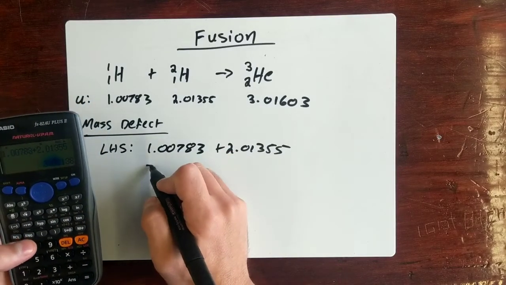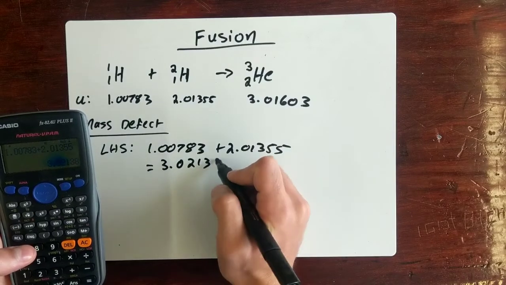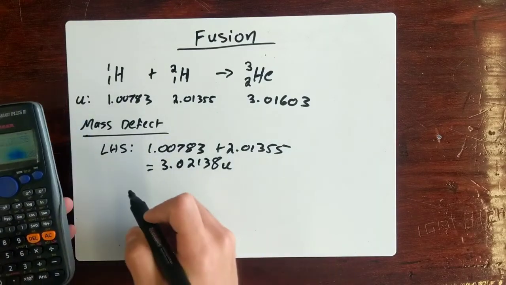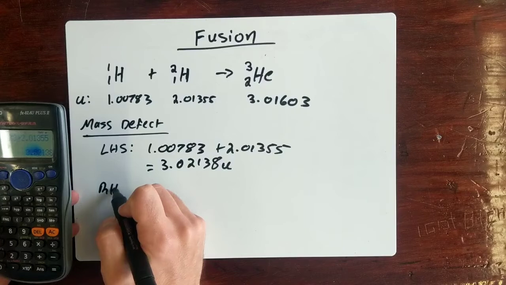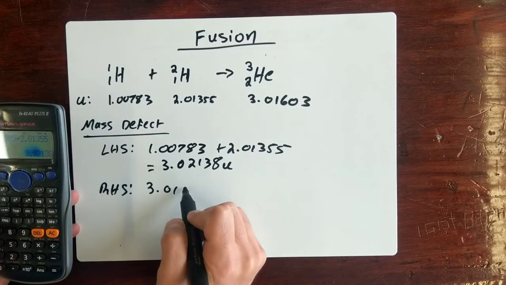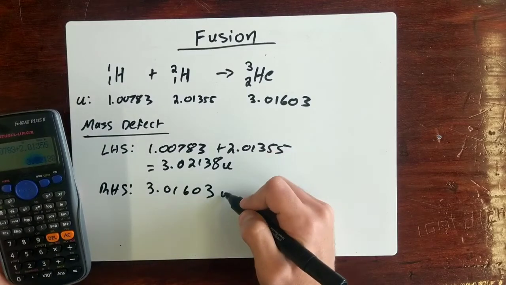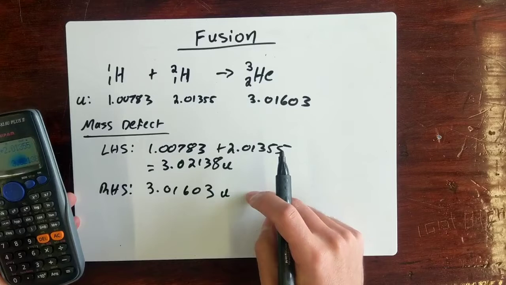And that equals 3.02138. On the right-hand side, we have a mass of 3.01603.